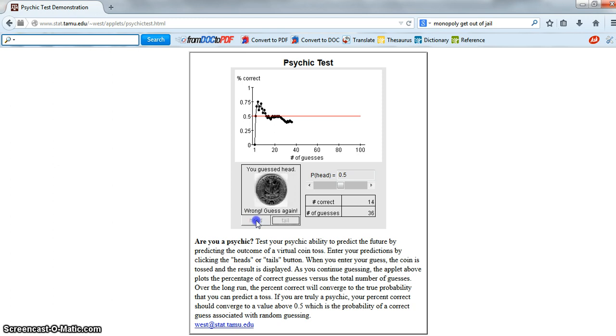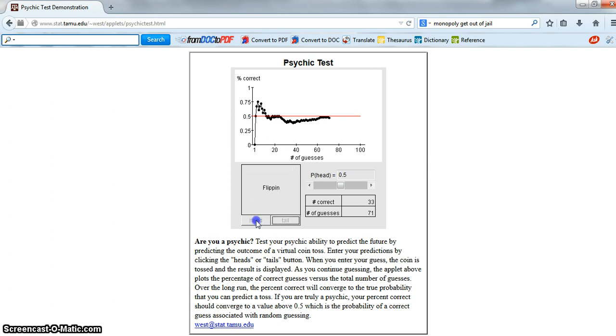But I still have a relatively small number of flips here. Keep going. And eventually, this is going to level off. Keep going. And it's getting closer and closer to 50%. And then it's becoming very stable.